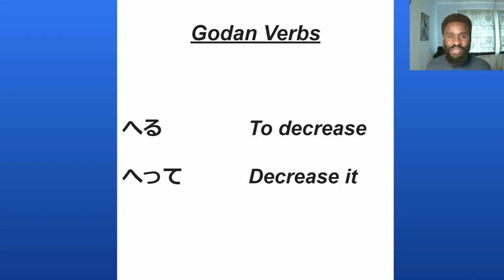Now, for Godan verbs in particular, the te form becomes different based on the ending of the verb. And I'll be introducing those to you in our next video. However, for some of the Godan verbs, this is the te form.